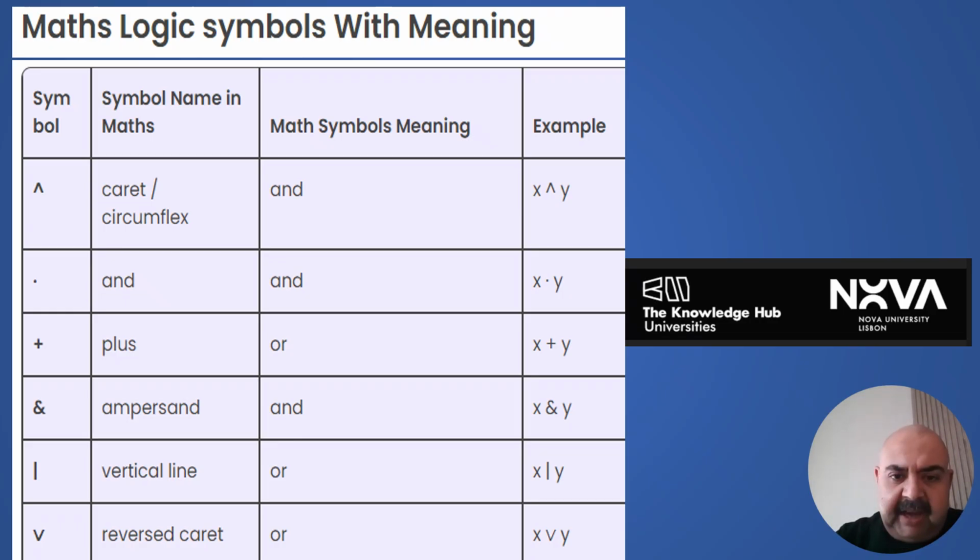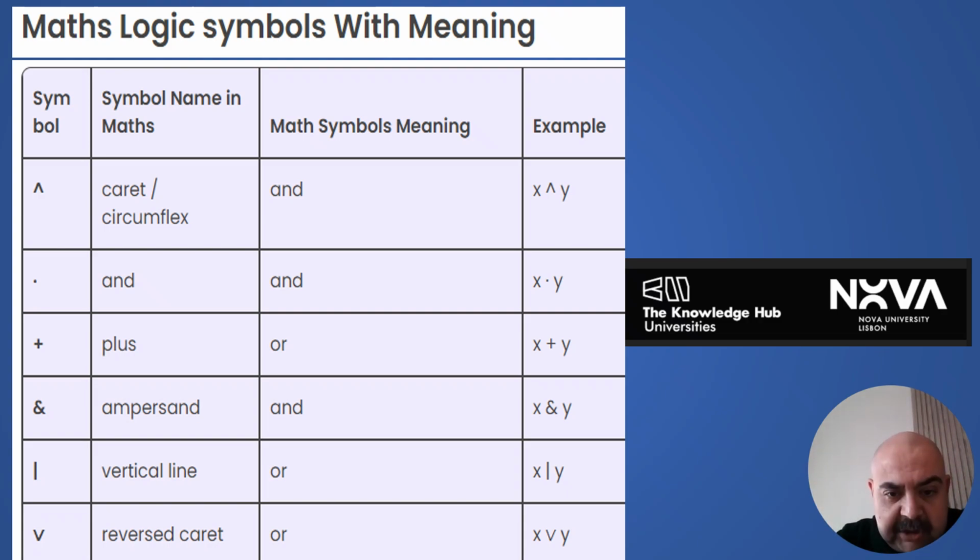So if you see x plus y, it's x or y. The and notation symbolizes the and meaning, and that it means both of them. The vertical line, it's either x or y. Or usually, like an arrow with a head looking downward.